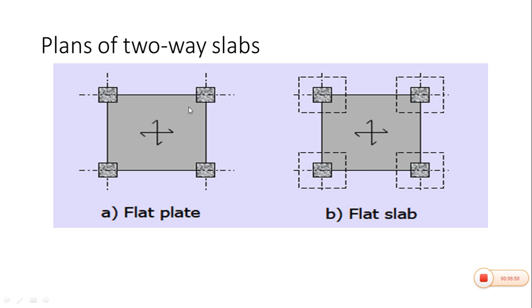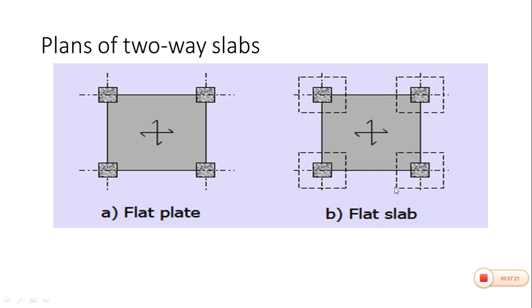We have only the flat plate resting on the columns, and these arrows represent the reinforcement or tendons we are putting in both directions. This we call the flat plate, where beams and column capitals are absent.